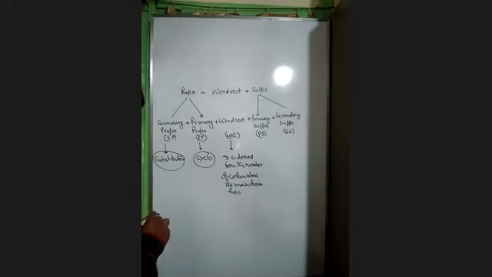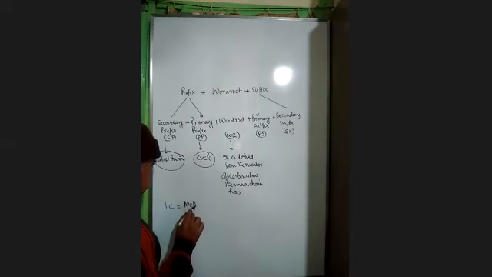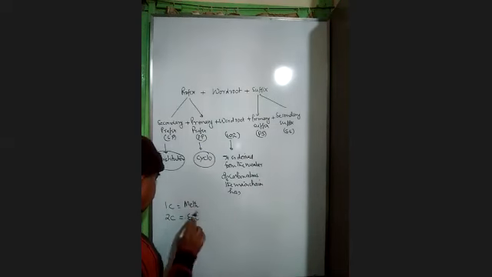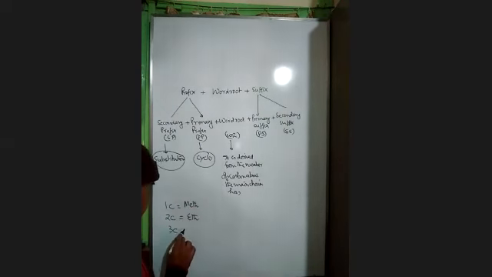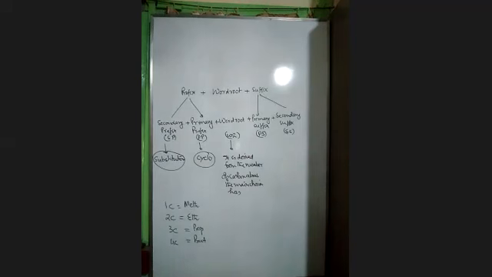Example, if it is one carbon atom, the name will be meth. For 4 carbons, we have derived the name from the classical name. Two carbons is eth. Three carbons is prop. Four carbons is but. This we have taken from the primitive, classical names.